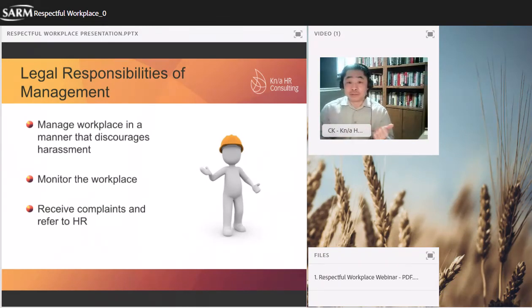Some of those legal responsibilities include building a culture in the workplace that discourages harassment, keeping an eye on and monitoring the workplace to ensure there's no harassment happening or any situation that may lead to harassment. And lastly, if you do receive complaints, you have to refer them to human resources or the appropriate parties as listed in your policies.